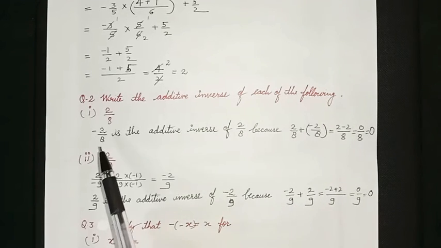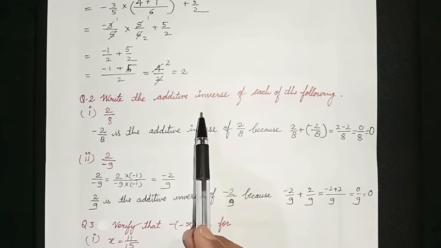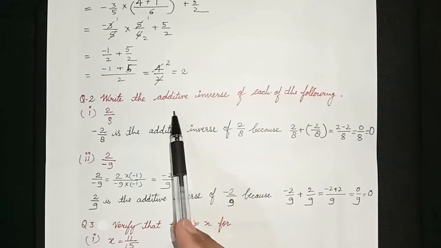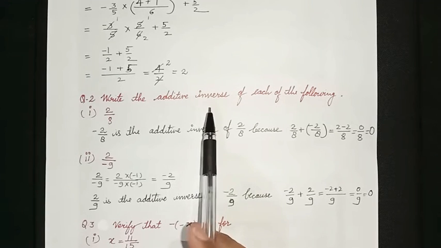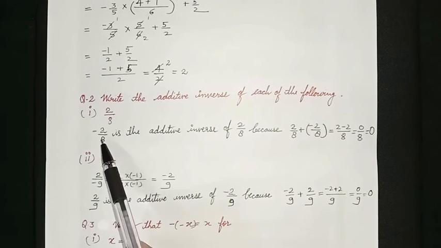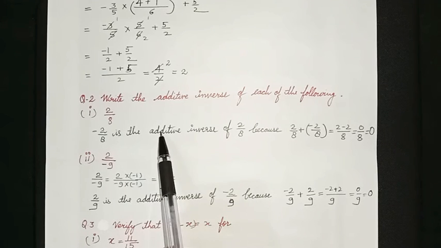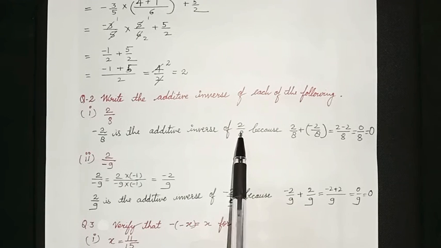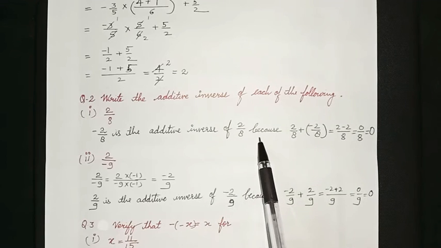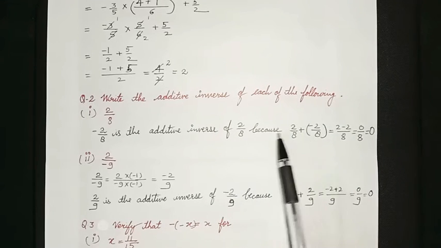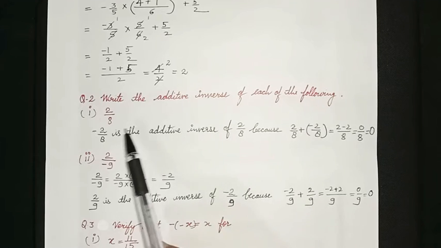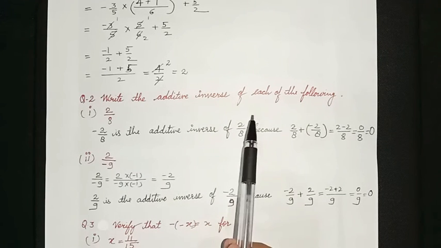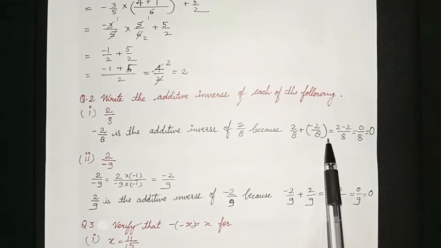You have learned this property, the additive inverse property. Here minus 2 upon 8 is the additive inverse of 2 by 8, because if you add the given number and its additive inverse, you get 0.